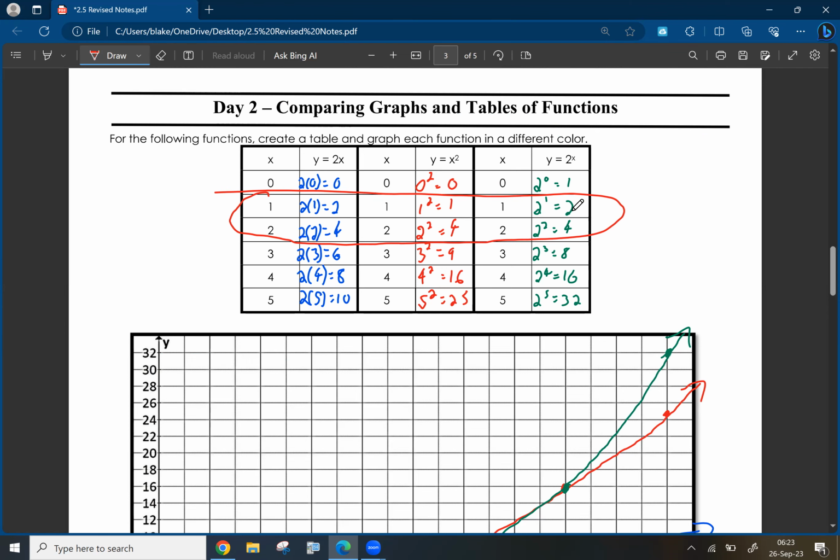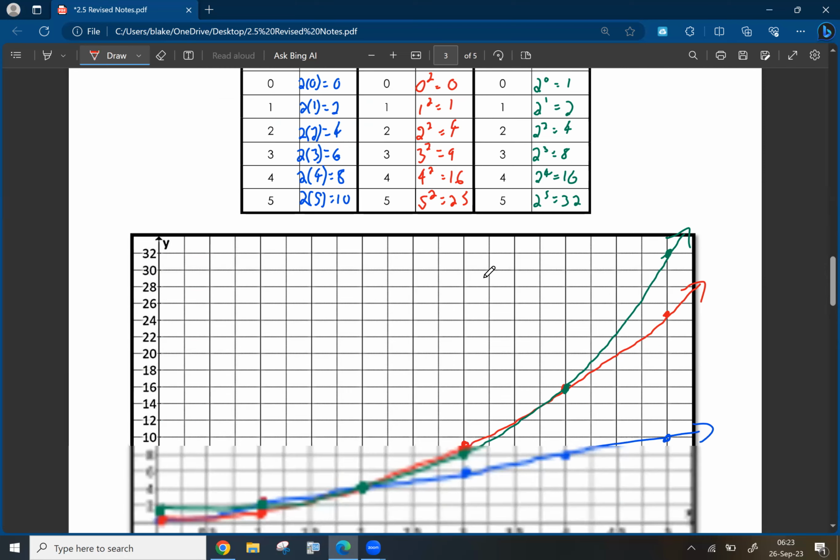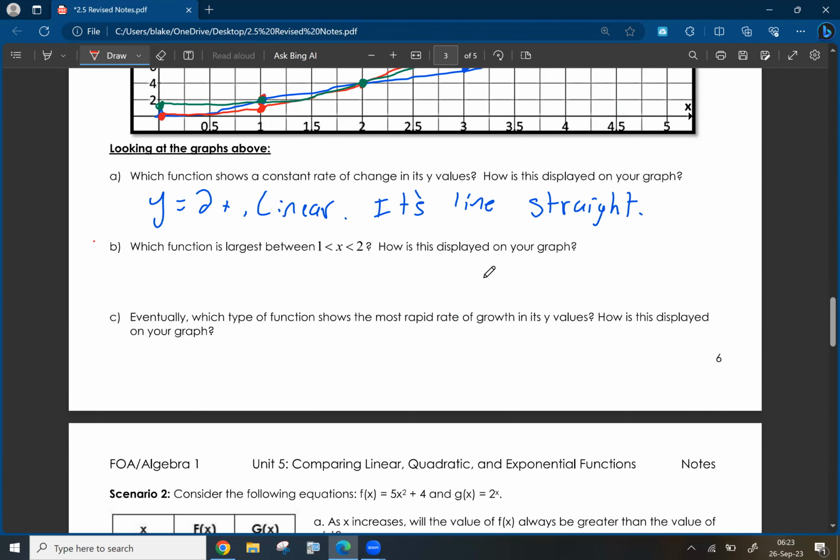So the one with the largest slope is this middle function, this red one, because you're increasing 3 over this gap instead of just 2, like the blue function and the green function are. So the quadratic function here, the red one, is the one that has the largest change, largest growth between x values 1 and 2.